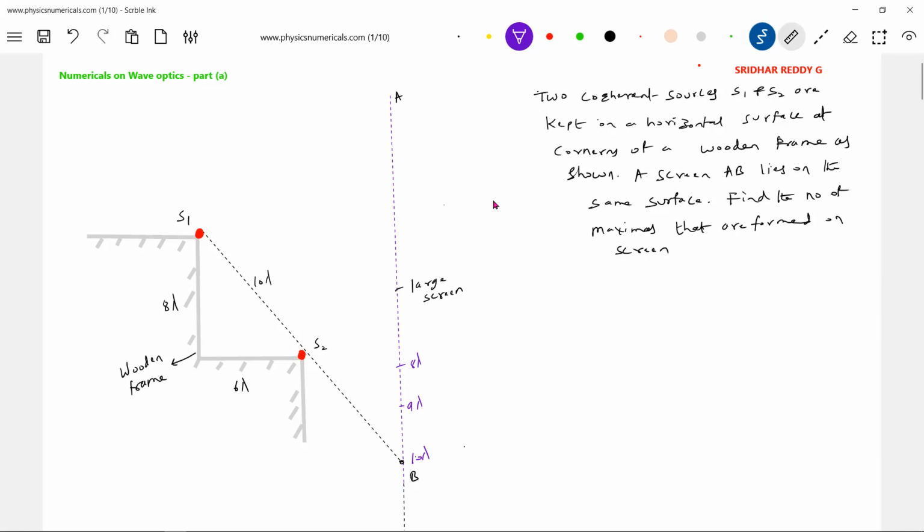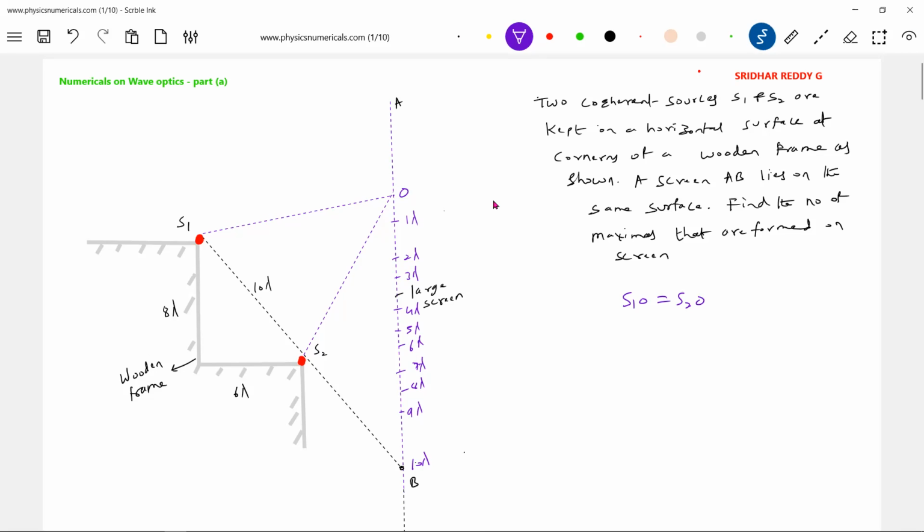And somewhere at a point on the screen where the path difference of the rays reaching the screen is equal, we'll get 0, 1 lambda, 2 lambda. Some rough exact positions we have to work out: 6 lambda, 7 lambda, 8 lambda. Okay, fine, where S1O equals S2O.